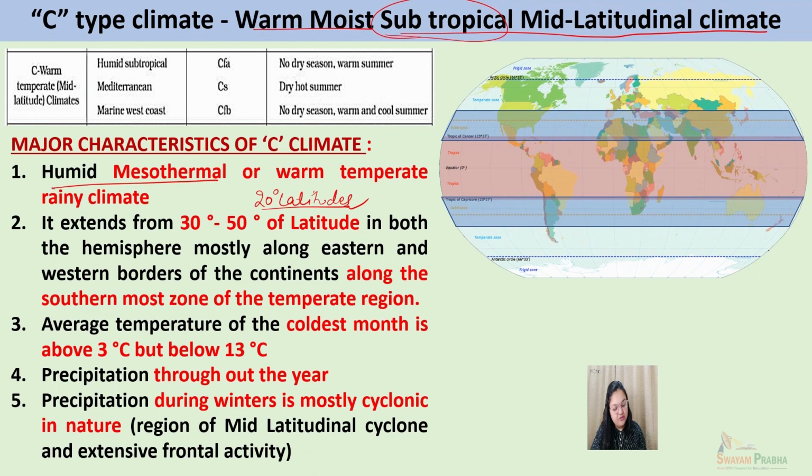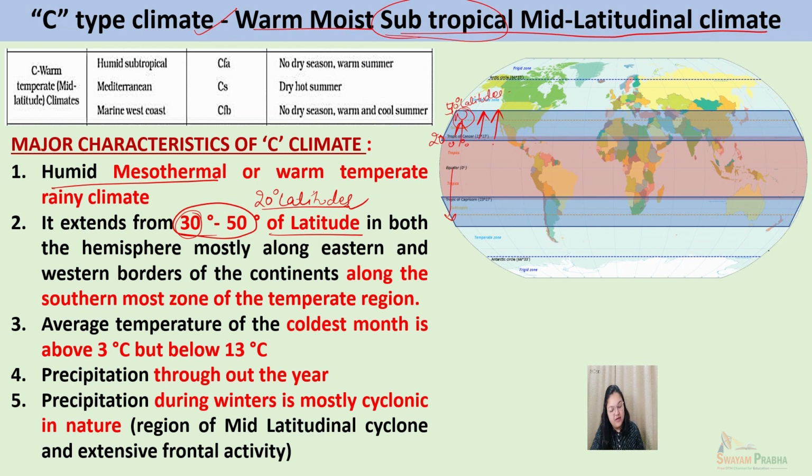And these subtropical regions of the world generally extend between 20 to 50-degree latitudes in both the hemispheres. But the true characteristics of this type of climate generally extend between 30 to 50-degree latitudes, because beyond 50 degrees there is much more effect of temperate latitudes being felt in these regions, and beyond 30 degrees towards the equator a very predominant impact of tropical type of climate is also felt towards its southern margins.